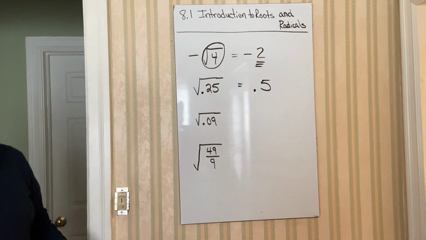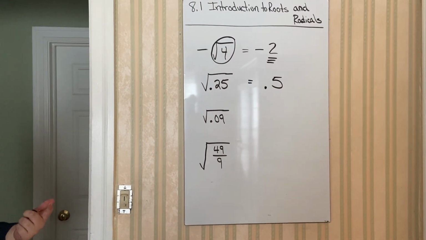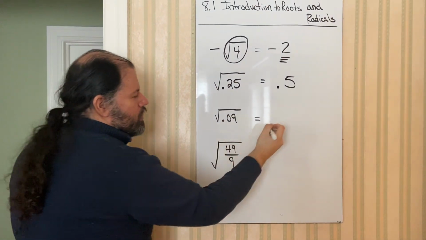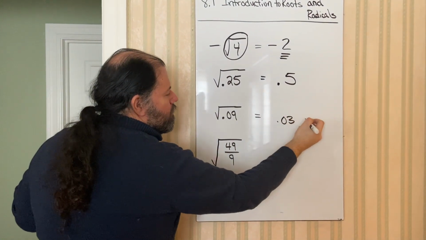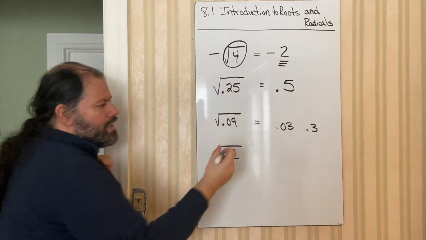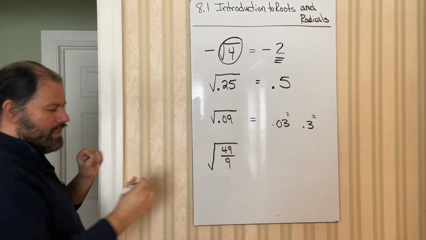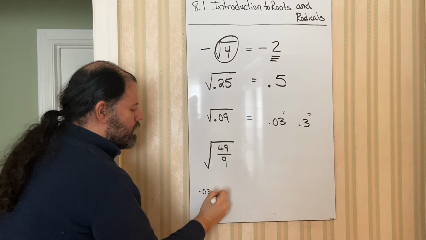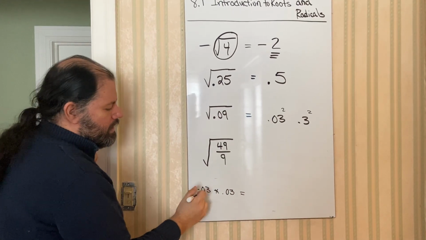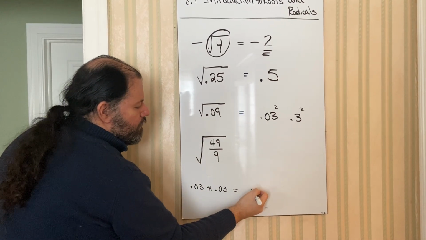So the same thing here. We know that the square root of a perfect 9 would be 3. But because it's a decimal point, should it be 0.03 or should it be 0.3? Well, what you should do is secretly square them. If I square this, that would be 0.03 times 0.03, which I know 3 times 3 is 9.